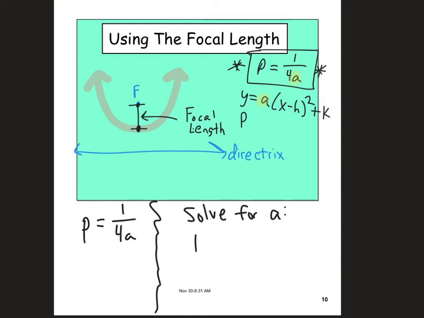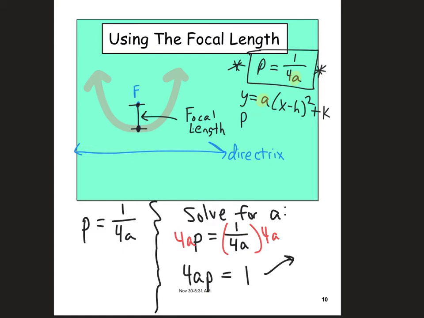So again, here's the equation: p equals 1 over 4a. If we multiply both sides of that equation by 4a, we end up with 4 times a times p equals 1.